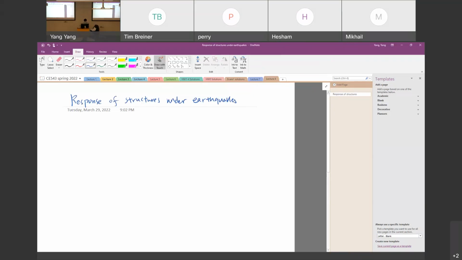Response of structures under earthquakes. So here are the objectives of this topic. Actually, this is in chapter 8 of your textbook. Chapter 6. Scary.